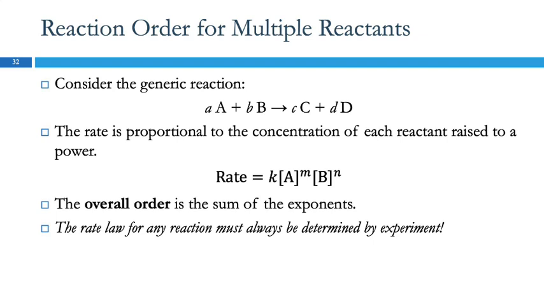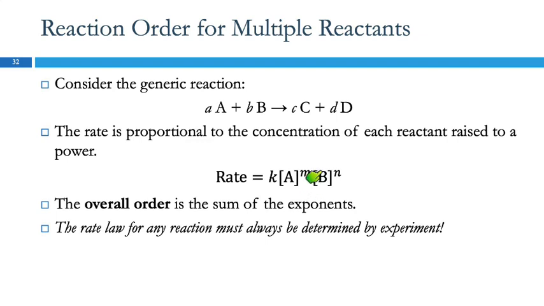So what if you have more than one reactant? So here, looking at a generic reaction, a moles of A reacting with b moles of B to form some products. The rate will be proportional to the concentration of each reactant raised to a power. That power is the order for that reactant.